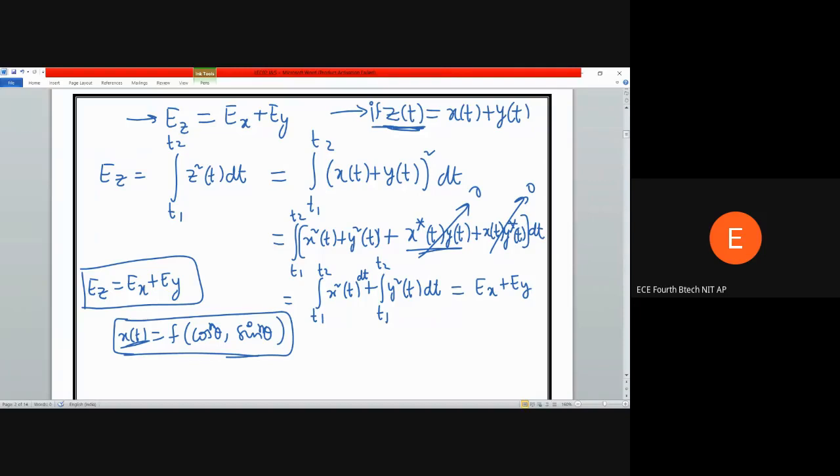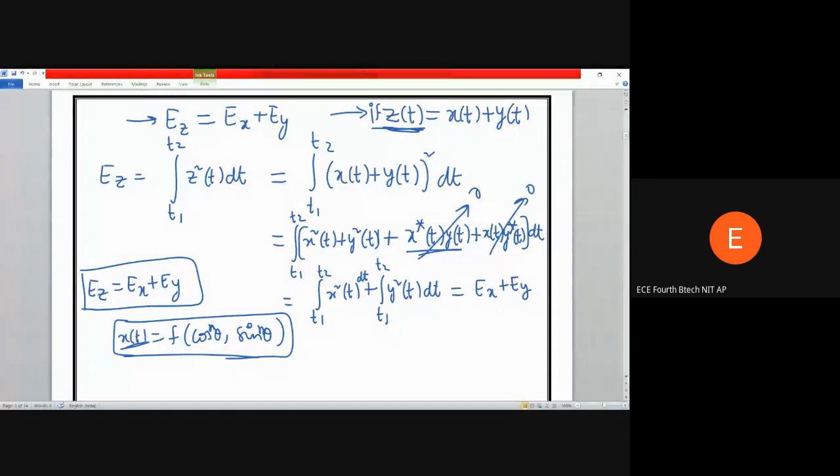For example, the second years might have cylindrical and spherical coordinates. There we represent a vector in free space in terms of r, theta and phi in spherical coordinates, and rho, phi and z in the case of cylindrical coordinates.